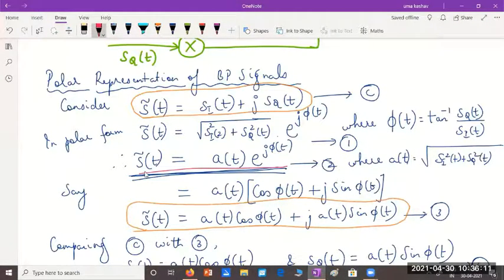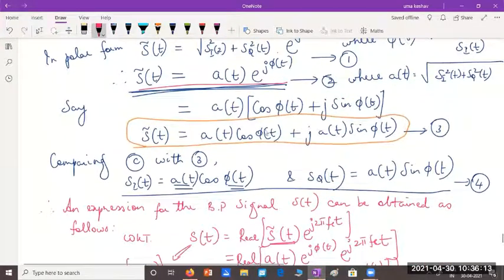We also represented this complex envelope by expanding this e power j phi of t function as cos phi plus j sin phi.